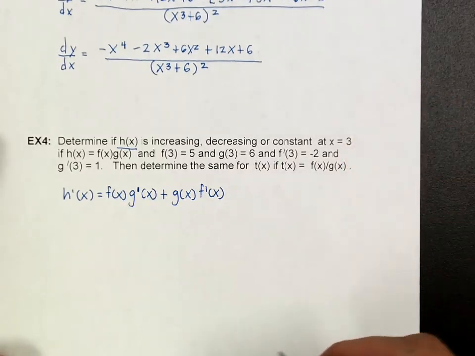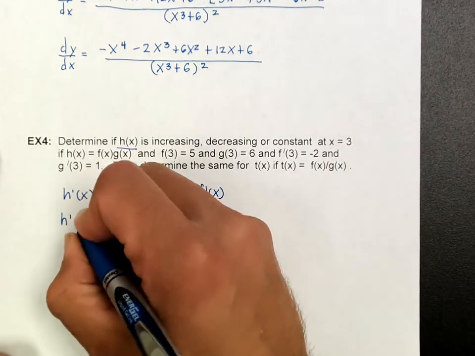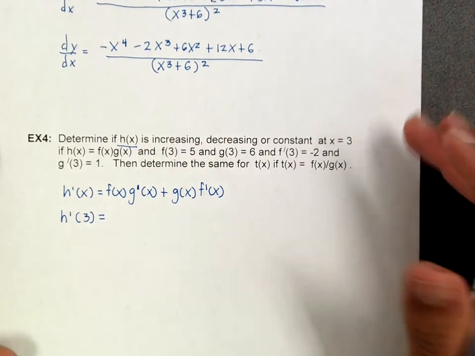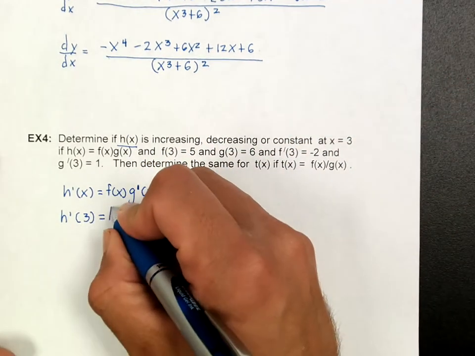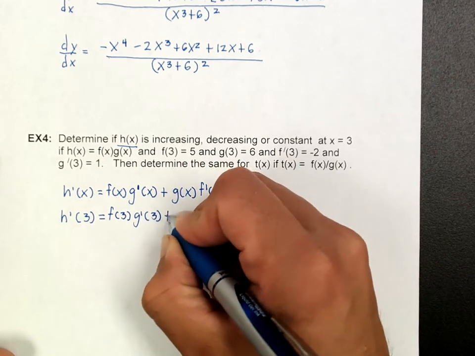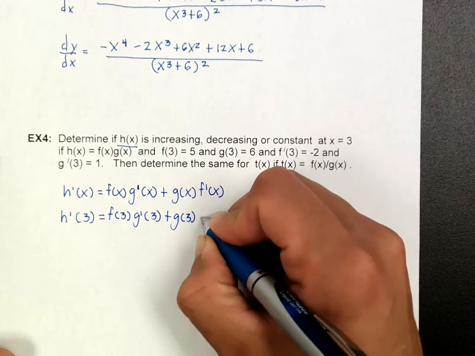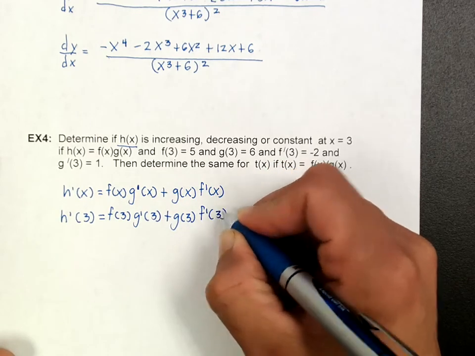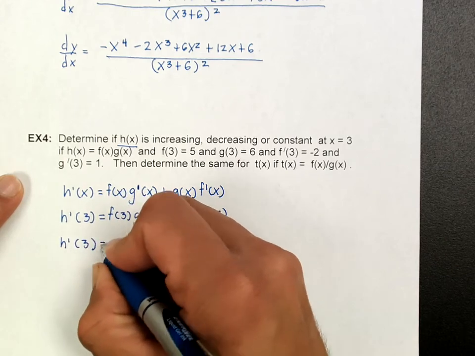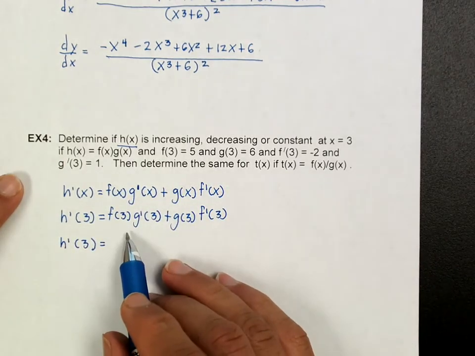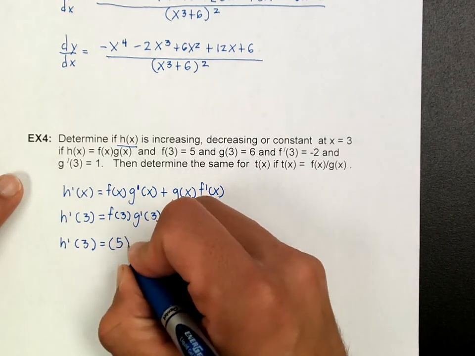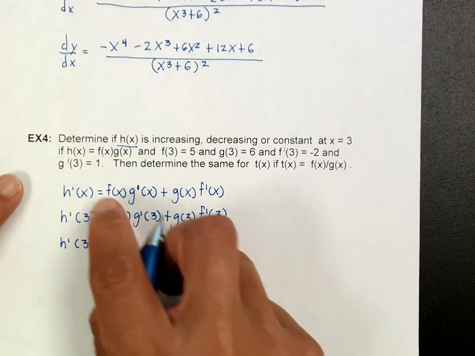Now what we're trying to find out is, what is the derivative at 3. All right, so if I do that, actually all I need to do is plug in 3 for every x that I see here. All right, now, but I do know what f of 3 is. f of 3 is 5. And then g prime of 3 is 1.